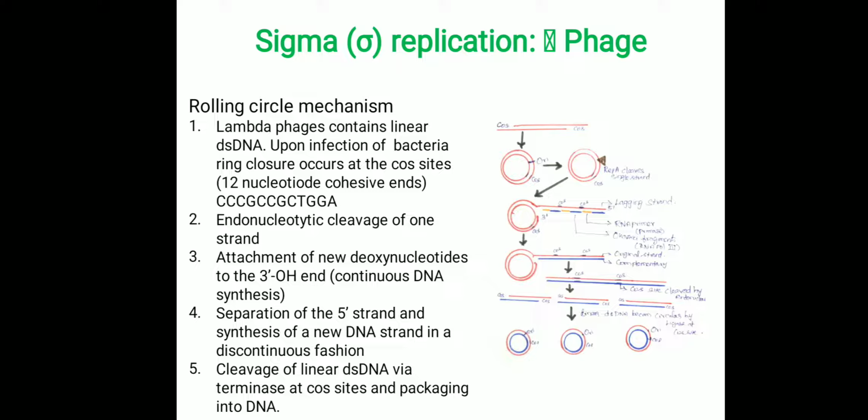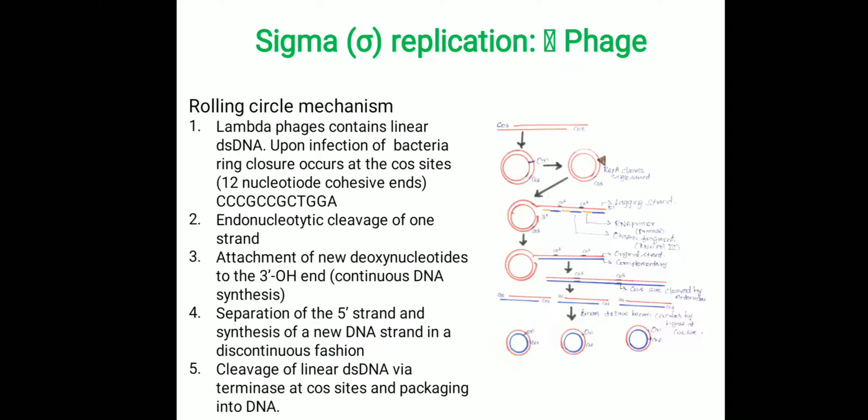It will not cause any killing effect to the bacteria. And whenever it is necessary to replicate itself, this portion comes out through some kind of endonuclease, and this linear DNA has a unique feature called the cos site. This cos site is a 12 nucleotide sequence, and the other end has a sequence complementary to this 12 base pair stretch, so they bind each other and easily form a circular double stranded DNA.